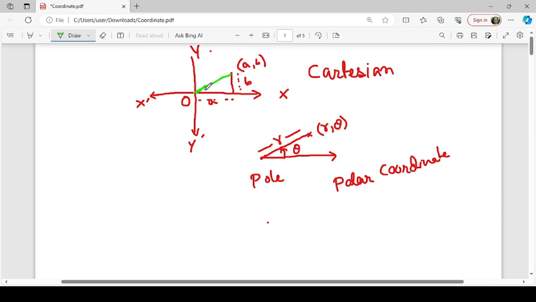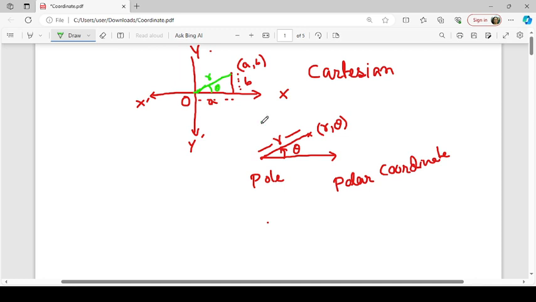From O to this point, this is r, and this is theta. So (a, b) is equivalent to the point (r, theta). You can consider this as origin.